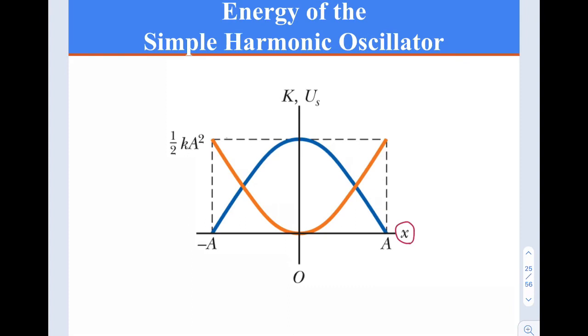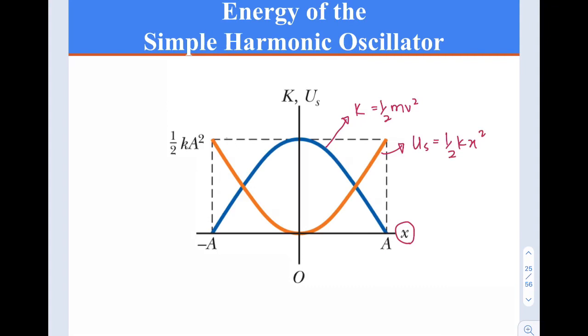So again, U_s here, simply this curve, the formula is half kx squared. And then the blue color here is kinetic energy, half mv squared.